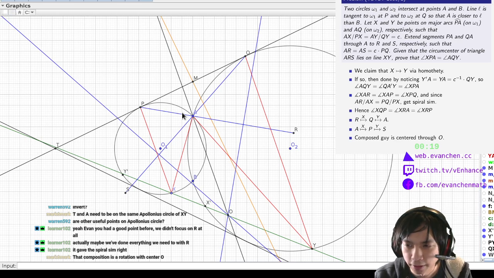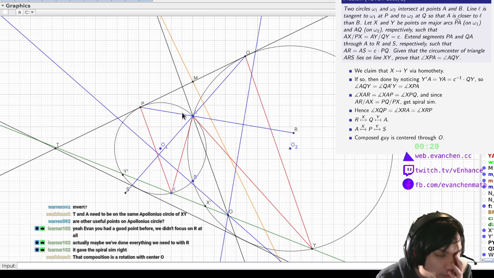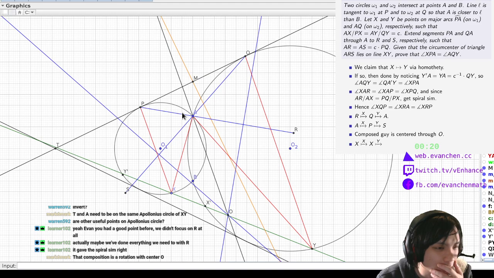Now, where does X go? Like the center of the spiral similarity, well, what's going on here?